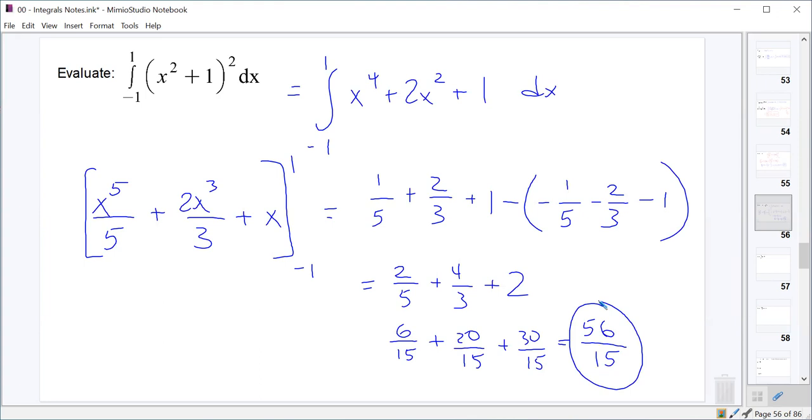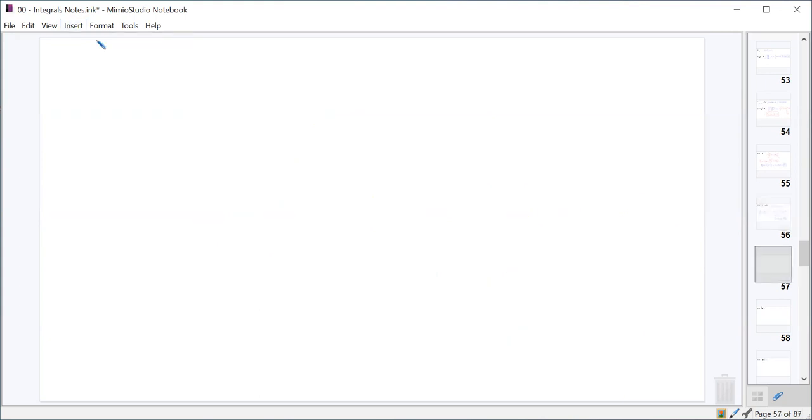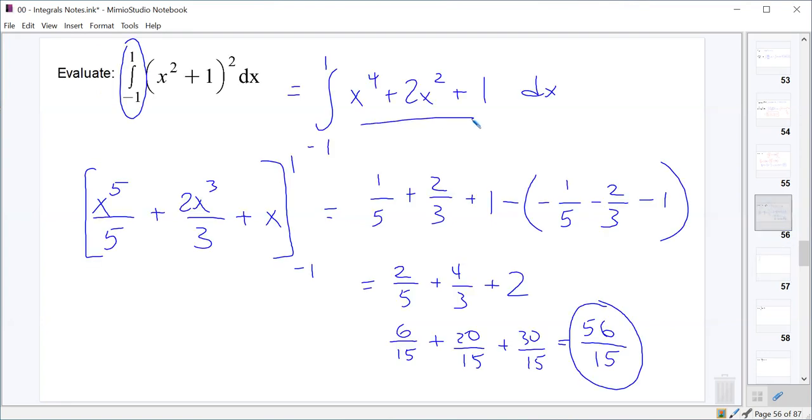And we also know that we're looking from -1 to 1, which means that we have the exact same amount on the left of the y-axis as we do on the right-hand side. So one thing that we can do if we feel like it for a problem like this, rewrite this, -1 to 1. What do we have? We have x squared plus 1 squared, which came out to be x to the 4th plus 2x squared plus 1.